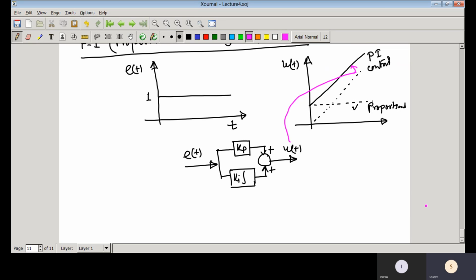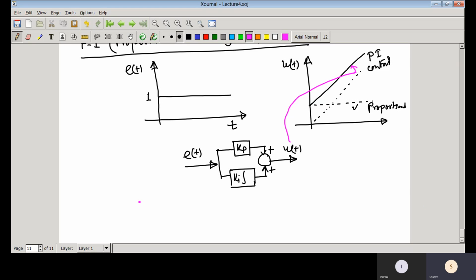So an additional refinement here we can do, that is we can provide another control structure where the control input depends on the rate of change of that error signal.